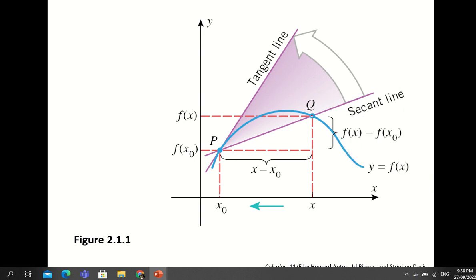Now, for example, if we move this point Q here, what will happen is that our secant line will be something like this, right? And as you move this point closer to point P, what will happen to our secant line?